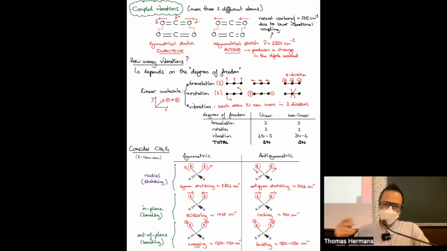Let's say chlorines or bromines or something like that. Okay, so we can distinguish different symmetries. So we can have symmetric movements or anti-symmetric.